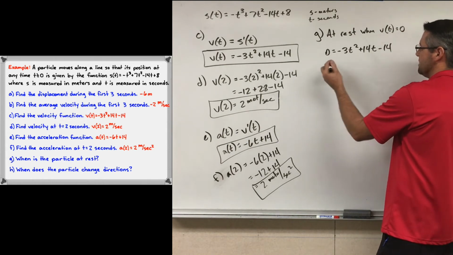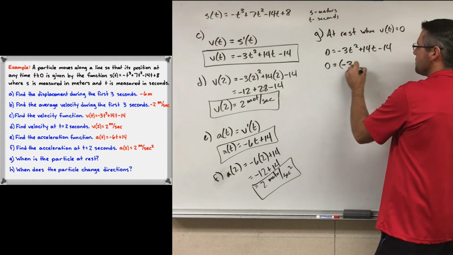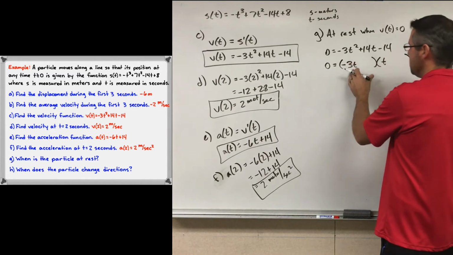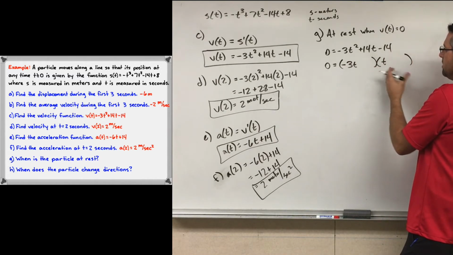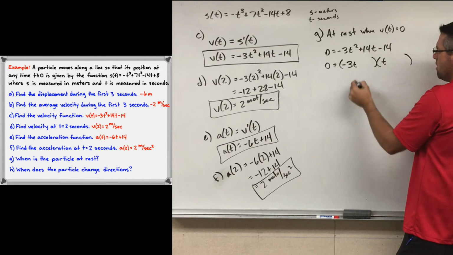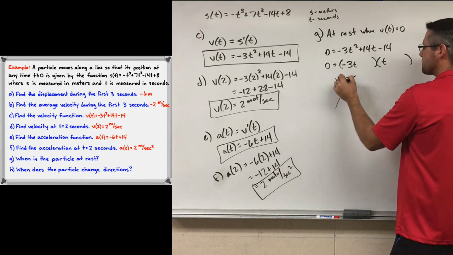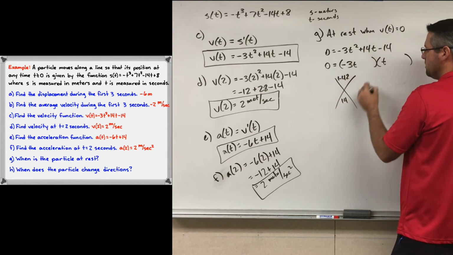I believe I set this up, or I made this problem, so that it's factorable. So we know the factors have to have a negative 3t and a t, or maybe a t and a negative, or a negative t and a positive 3t. Let's see what happens here. Does this factor? Let's see. 28, 38, 42, and 14.